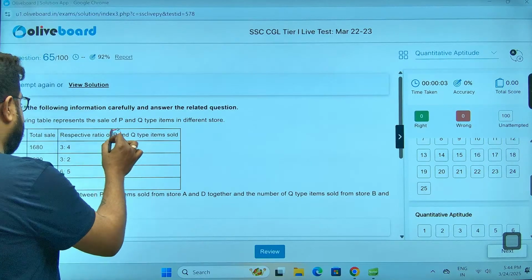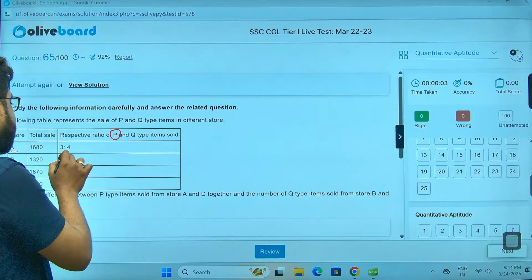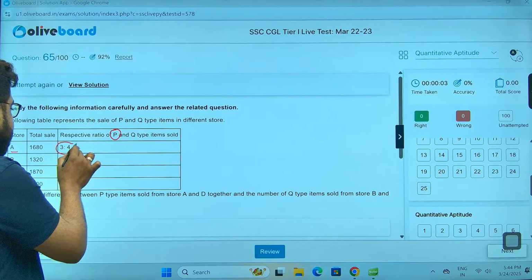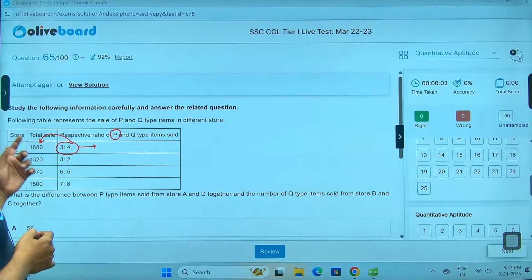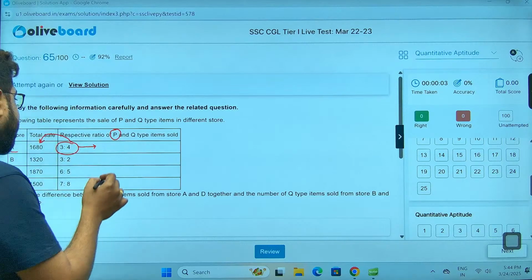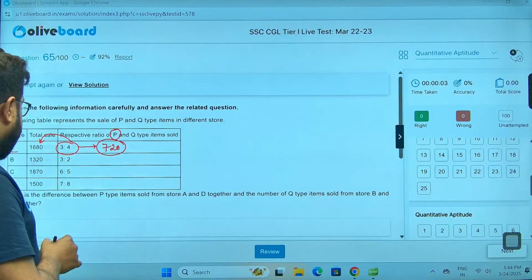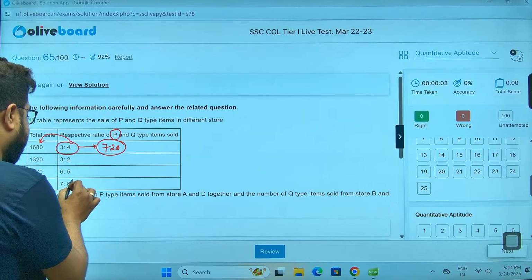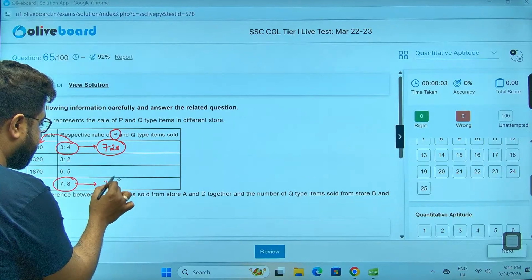Store A has 3:4, meaning total 7 parts, which is equal to this. 3 parts. 1 part is how much, sir? 24 times 2 is 720. P type from D, 7 8, 15 parts is 1500, 7 parts is 700.